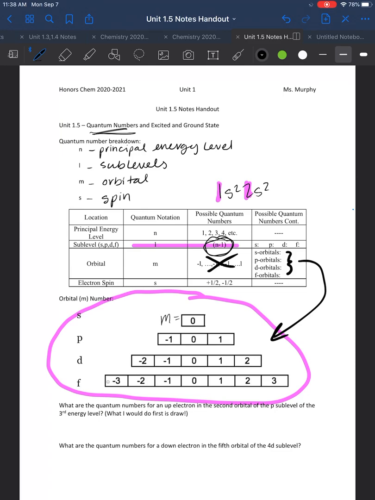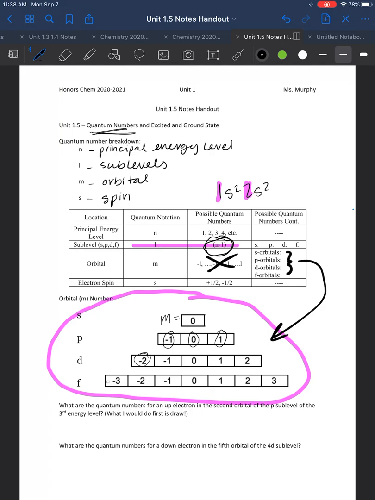Then P sublevels have 3 orbitals, so you can be either -1, 0, or 1, depending on what orbital box you're in. If you're in the first box, -1, middle, 0, and 1 if you're on the rightmost box. Then as you add orbitals, D now is 5, so you just expand the negative and positive integer by 1. The leftmost is -2, then -1, 0, 1, 2, and F is -3 through +3.